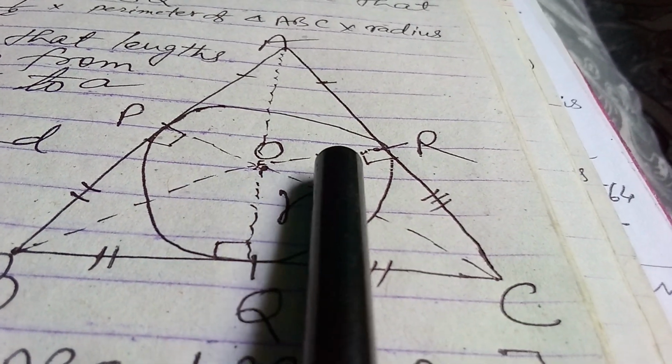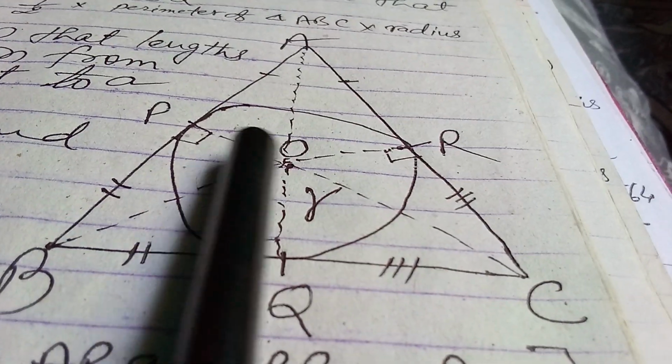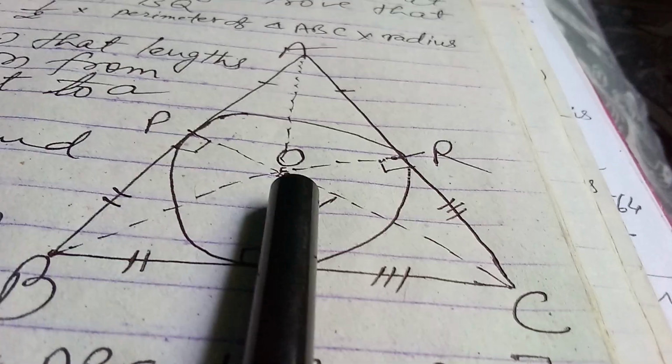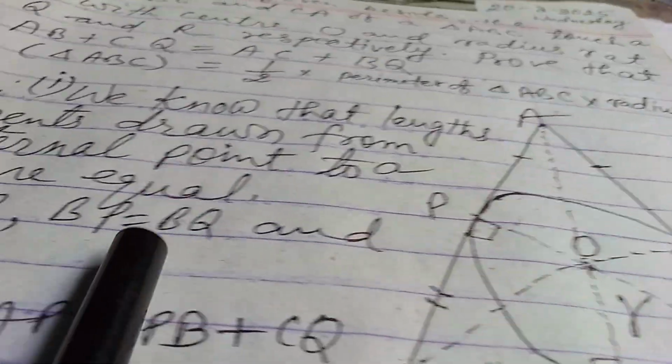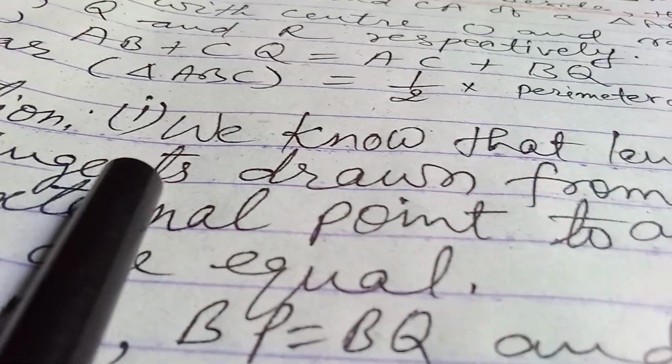So OR, OQ and OP are the radii of this circle. Now the solution.